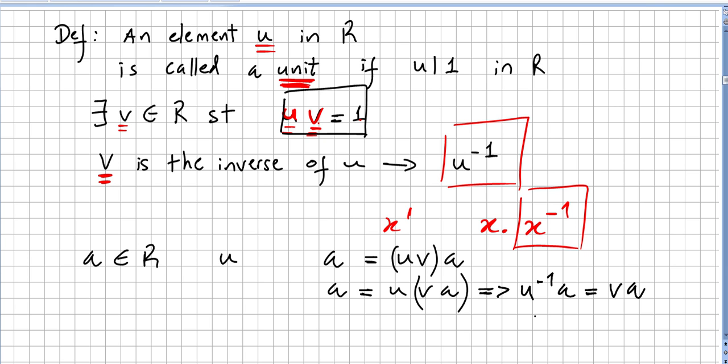Because U is a unit. And here, for an element to be a unit, you also have to look at the ring. An element can be a unit in one ring and not be in another. Let me give you one example. Let us say element 2 in the ring of the rationals.